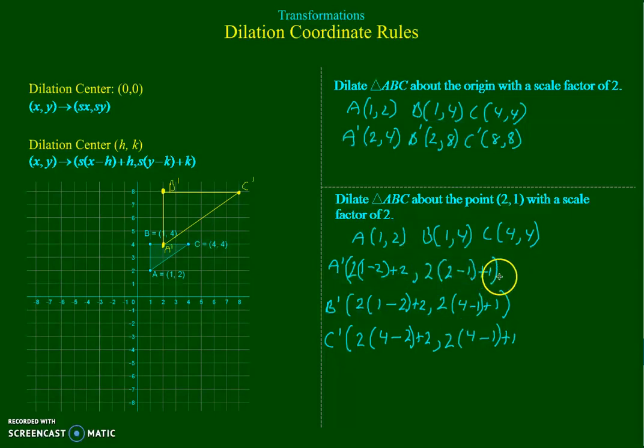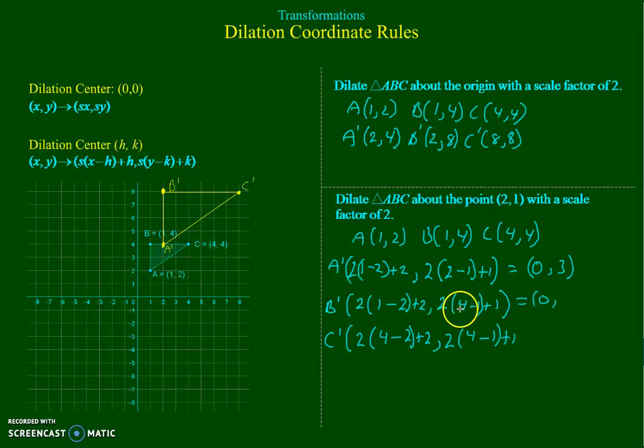Now all we have to do is the arithmetic here. So we have 1 minus 2 is negative 1, times 2 is negative 2, plus 2 is 0. 2 minus 1 is 1, times 2 is 2, plus 1 is 3. This one, 1 minus 2 is negative 1, times 2, negative 2, plus 2, 0 again.